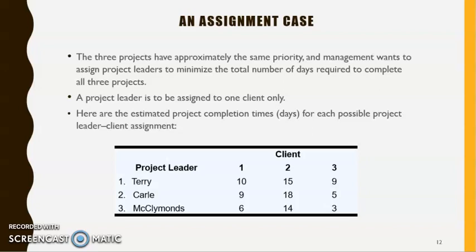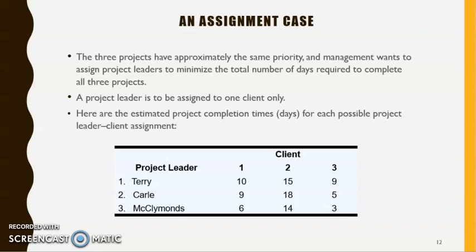So when you want to assign Terry to any of these 3 projects, you can only assign him to one, according to the logic that we discussed before. Here are the estimated project completion times in days for each possible project leader and client assignment.